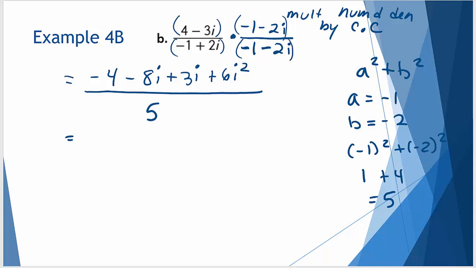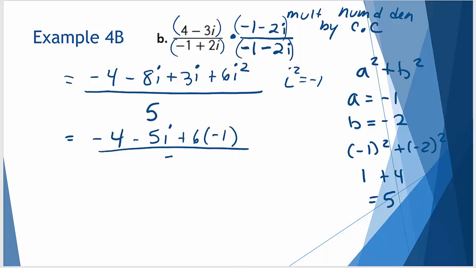Then I'm going to simplify my numerator. So I'm going to collect like terms, and I'm also going to sub in i squared is equal to -1. So I get -4 minus 5i plus 6 times -1, all over 5.